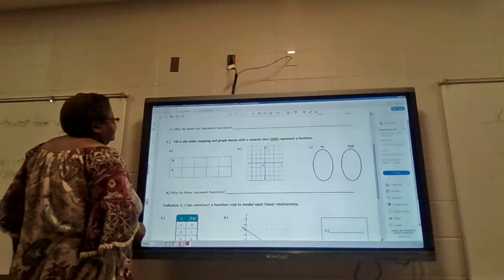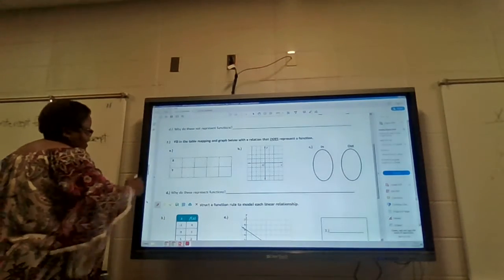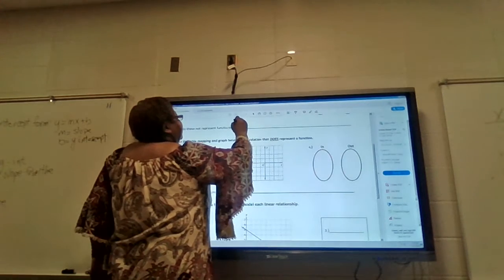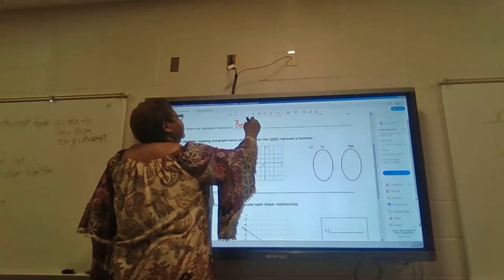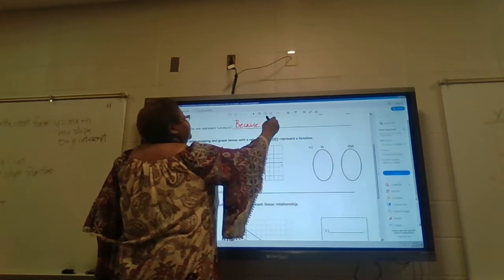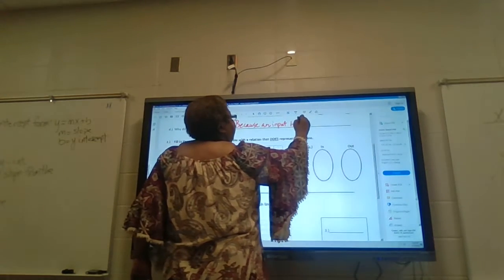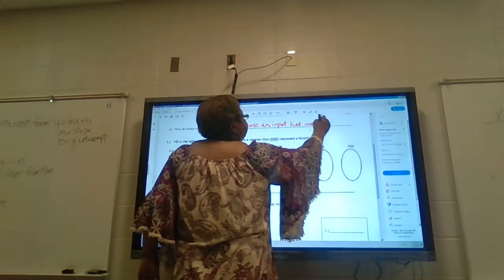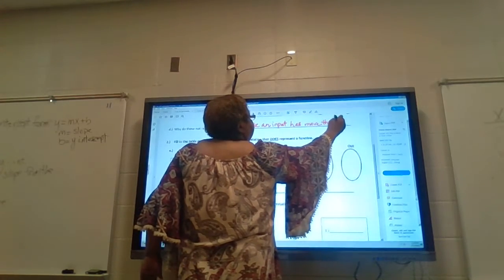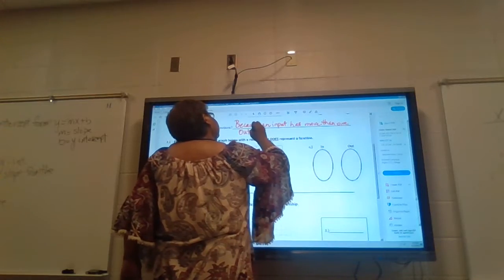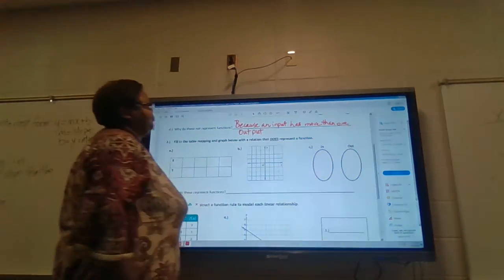So again, why do these not represent functions? Because an input has more than one output.